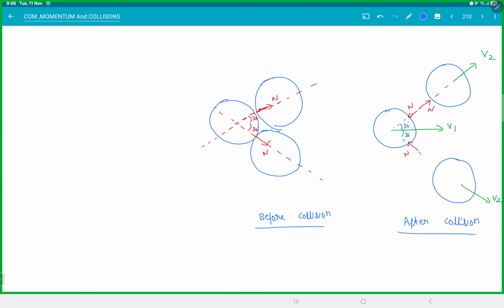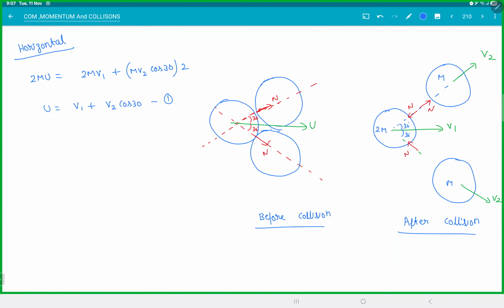First thing, we'll conserve horizontal momentum, because there are no external forces, so momentum is conserved in every direction. Initial momentum will be 2mu, since this guy is traveling with speed u and its mass is 2m. Final is 2mv1 plus mv2 cos 30, 2 times. The 2 goes off, m goes off: u is equal to v1 plus v2 cos 30. That's your equation 1.